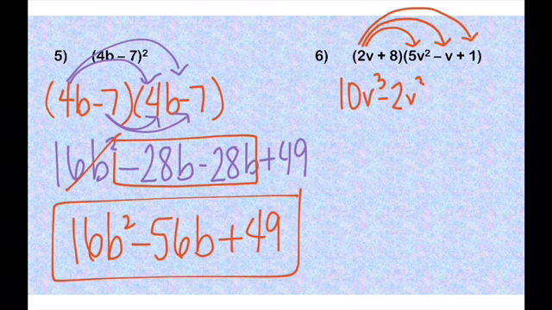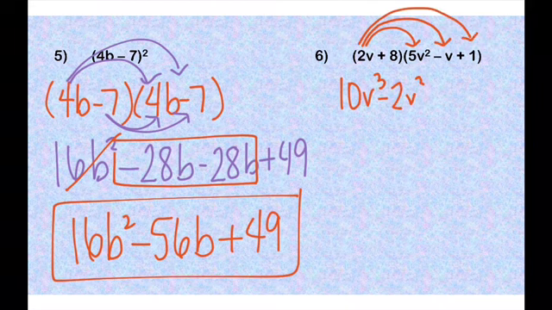We just keep distributing until we're at the end. Okay, and then we're going to distribute 8. So 8 times 5v, I'm running out of room, so I'm going to write it down here. So plus 40v to the second power. 8 times negative v is negative 8v. And 8 times 1 is plus 8.